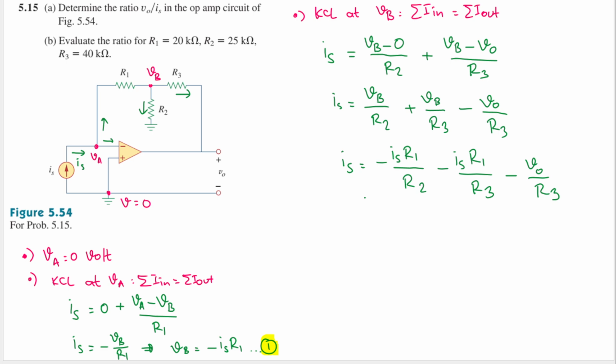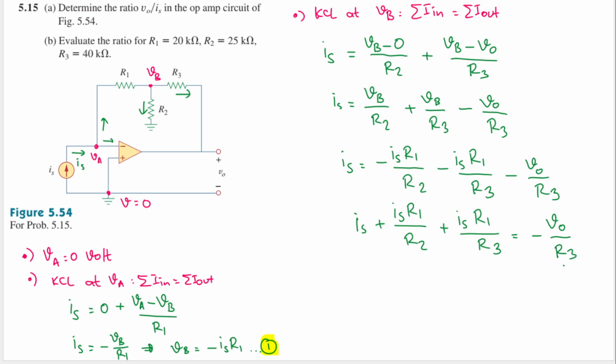Okay, let's move this to the left hand side. I will have IS plus IS R1 divided by R2, and then plus IS R1 divided by R3, and that will equal minus V0 over R3.